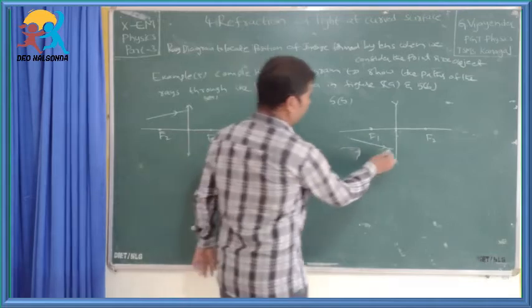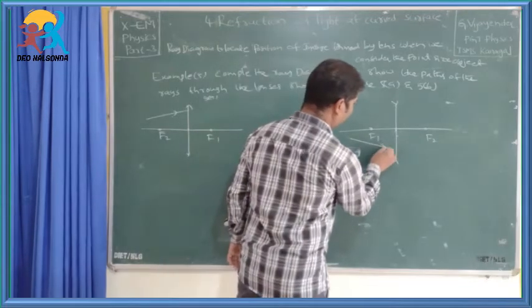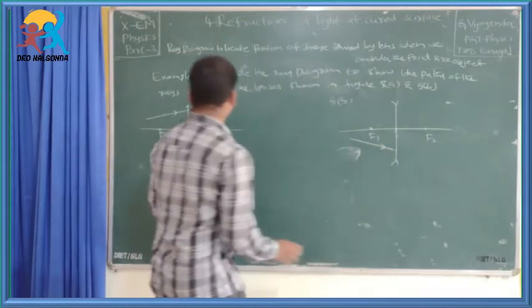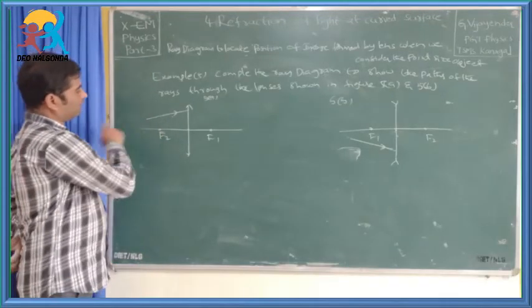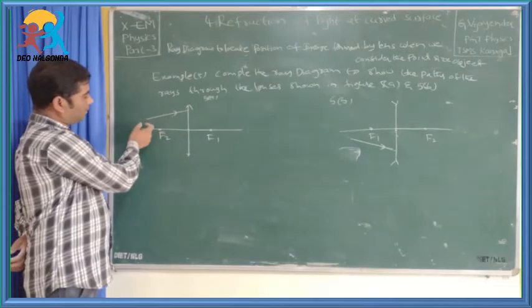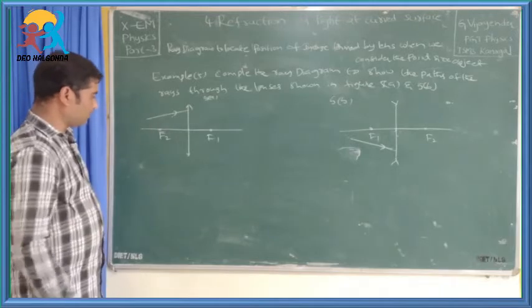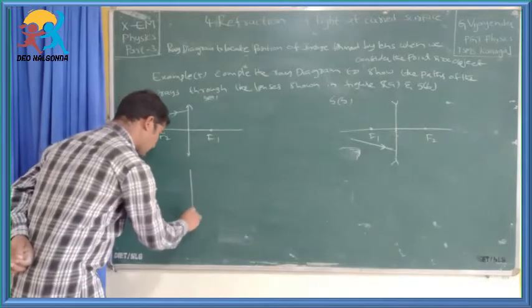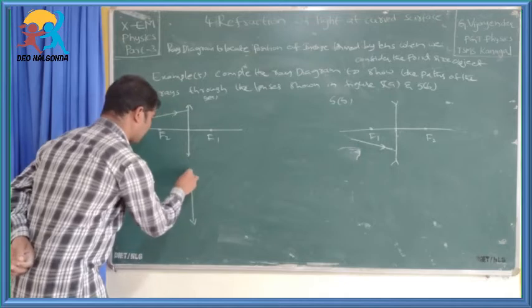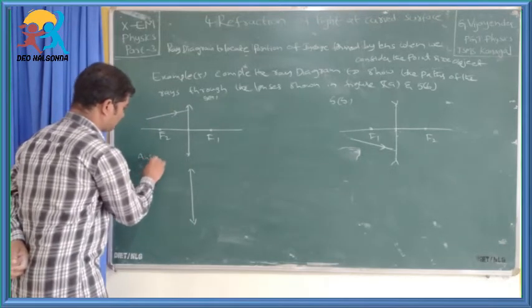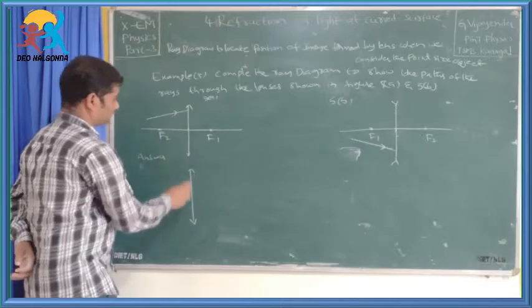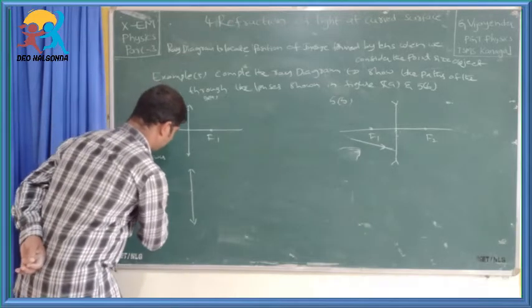Here, these incident rays are given, so we have to complete the ray diagram. The incident ray is coming from the point object. So, first draw this convex lens.